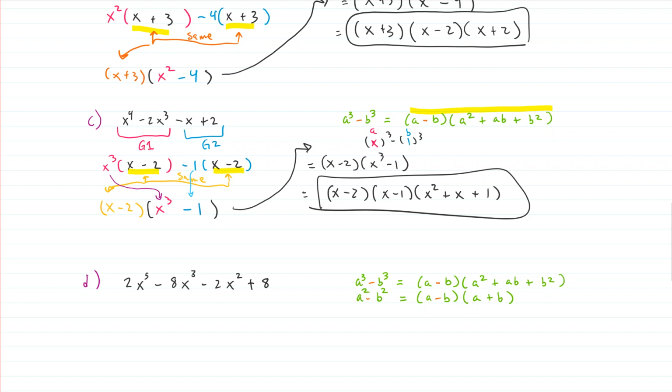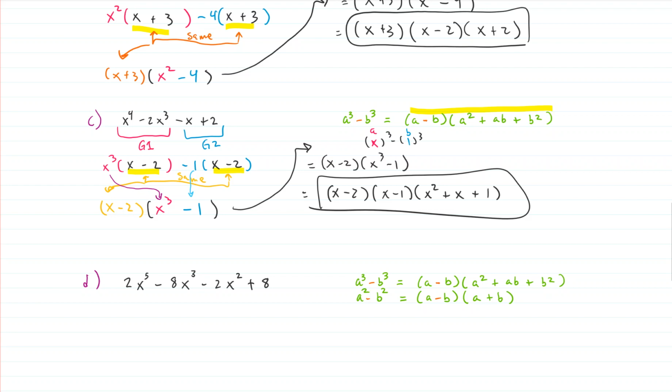All right, so we're looking at this problem. This problem is example D, and it is 2x to the 5th minus 8x cubed minus 2x squared plus 8. I see a lot of 2's and 8's, alternating signs.